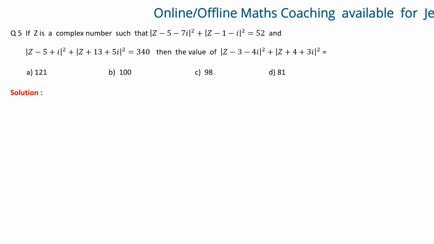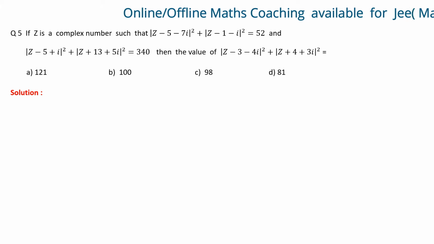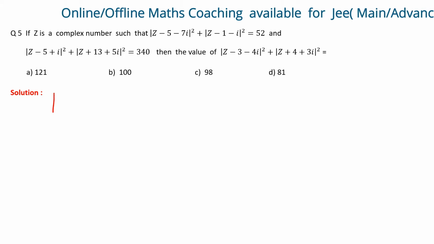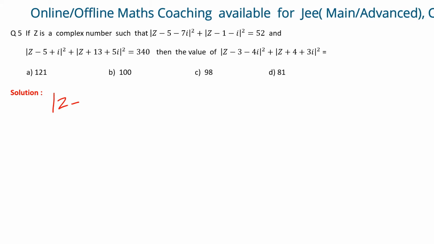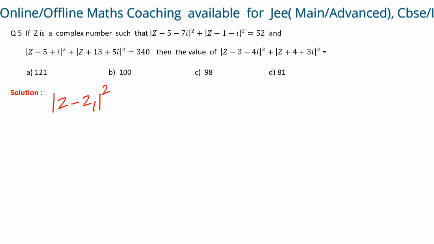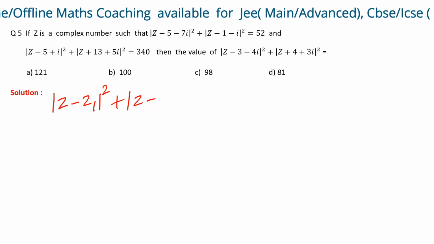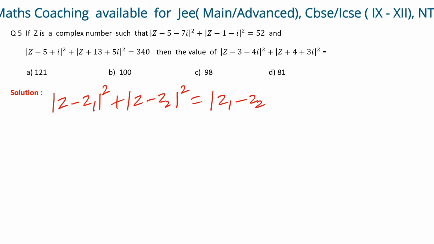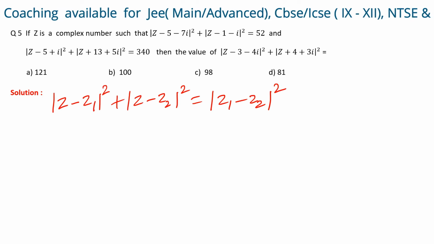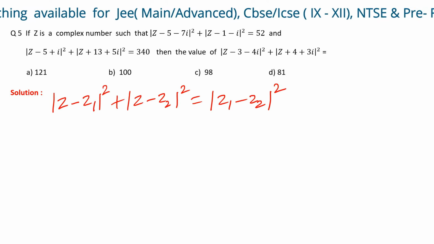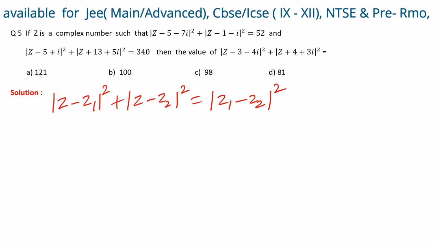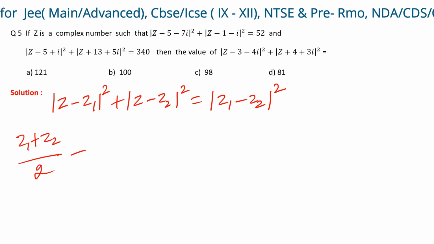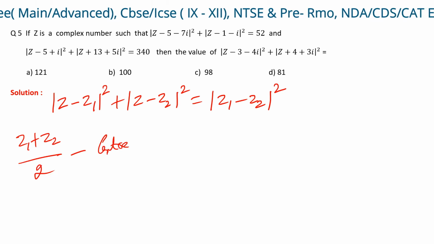Now, in this question, as I said, if you are well aware of the concepts of geometry of complex numbers, then you must be knowing that any equation of the form square of mod of z minus z1 plus square of mod of z minus z2 equal to square of mod of z1 minus z2 will always represent the equation of a circle in the Argand plane, where (z1 plus z2) by 2 will represent the center of this circle, right?